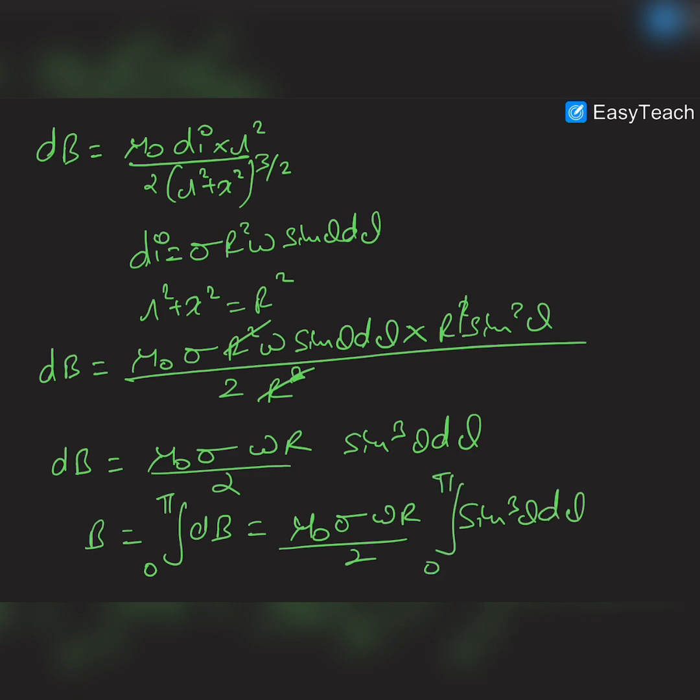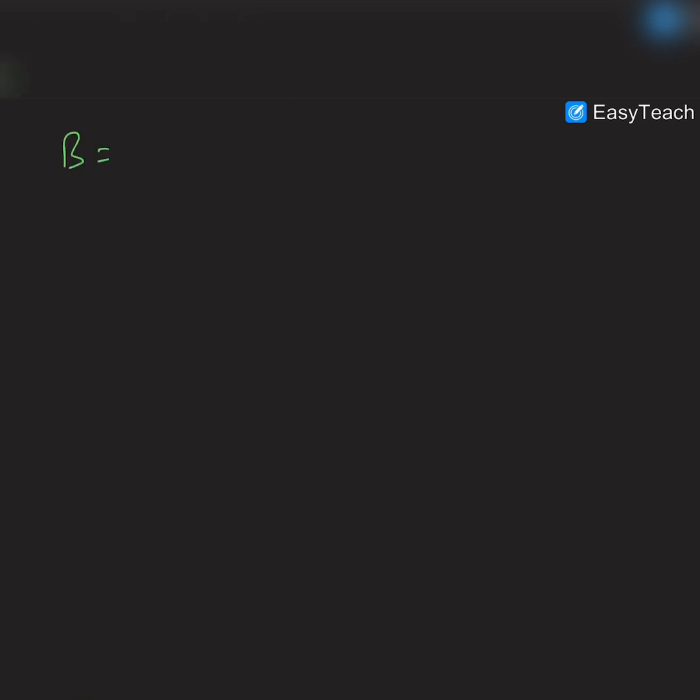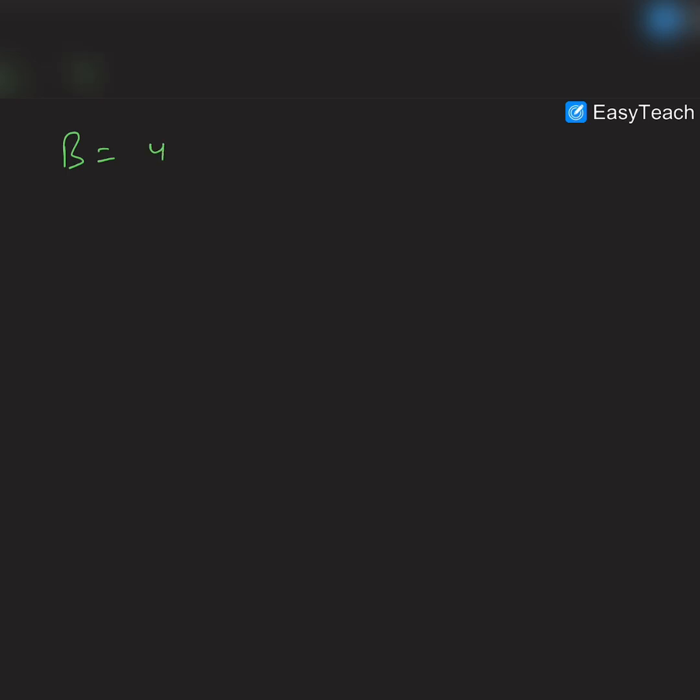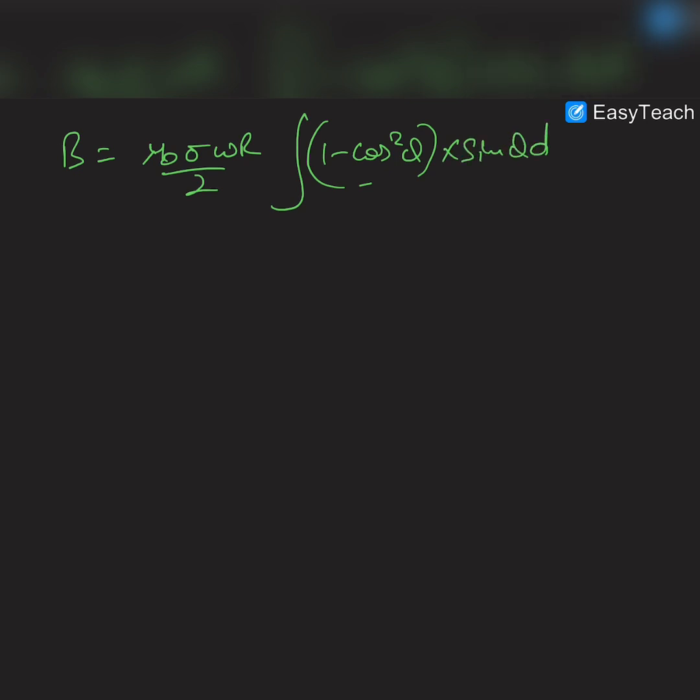And to integrate this, first of all, we have mu naught sigma omega R by 2, and let us write down sine cube theta as 1 minus cos square theta into sine theta into d theta, and let us assume that z is equal to cos theta. So dz is equal to minus sine theta d theta.